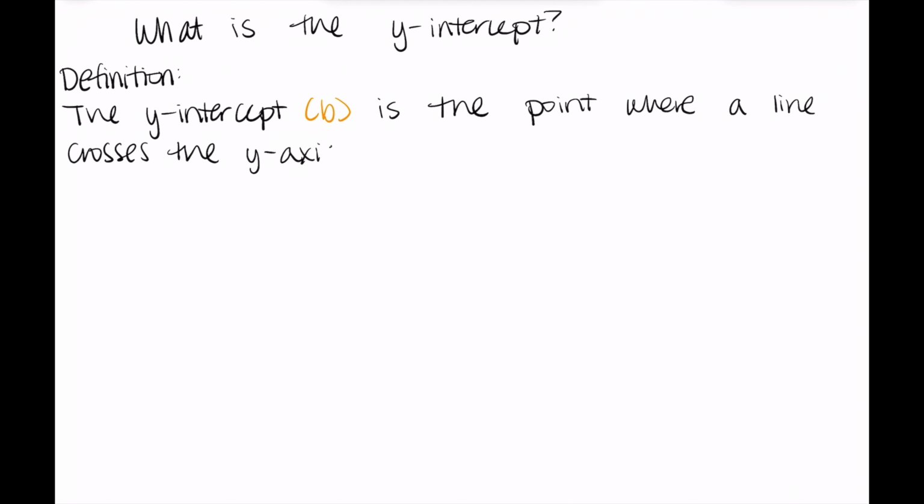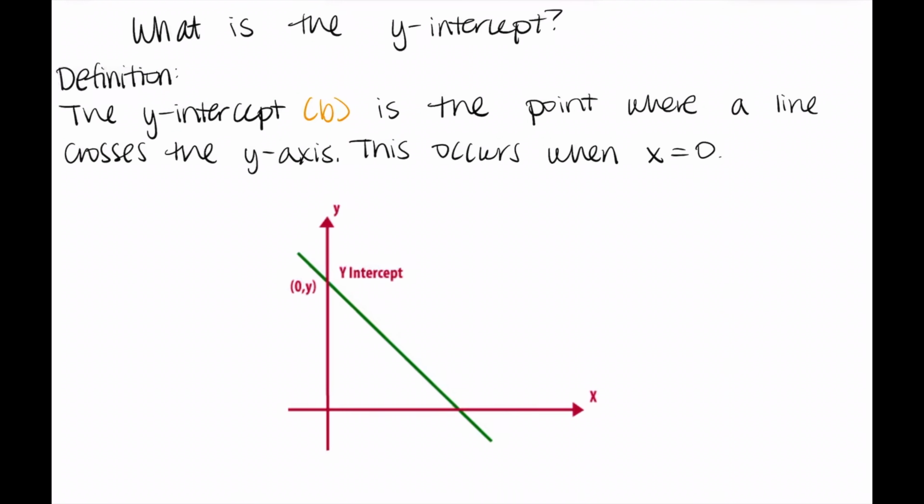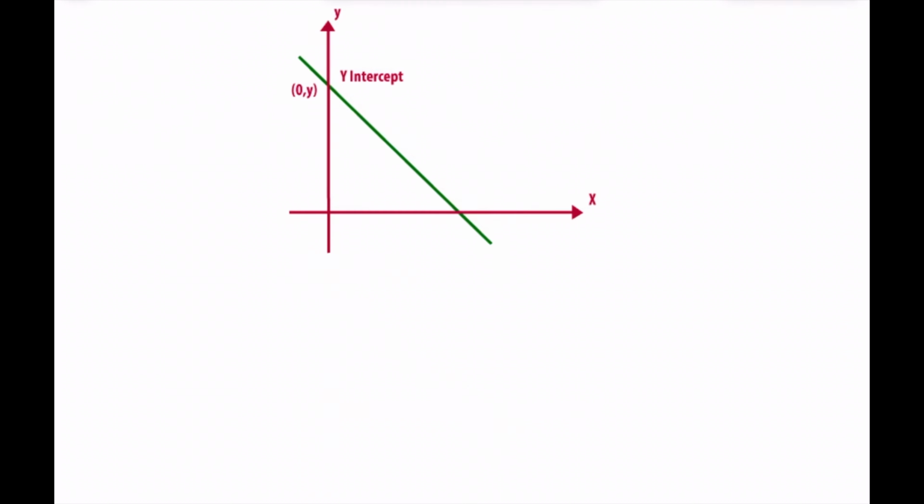I will also show a little graph so you can visualize what this looks like. As you can see in this graph, we have our x and y axis, and our y-intercept occurs when x equals 0, and whatever y is at that value would be your y-intercept.